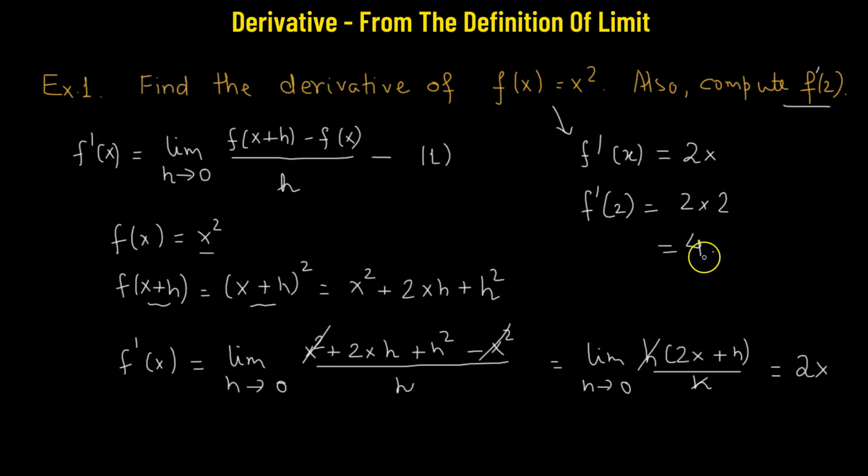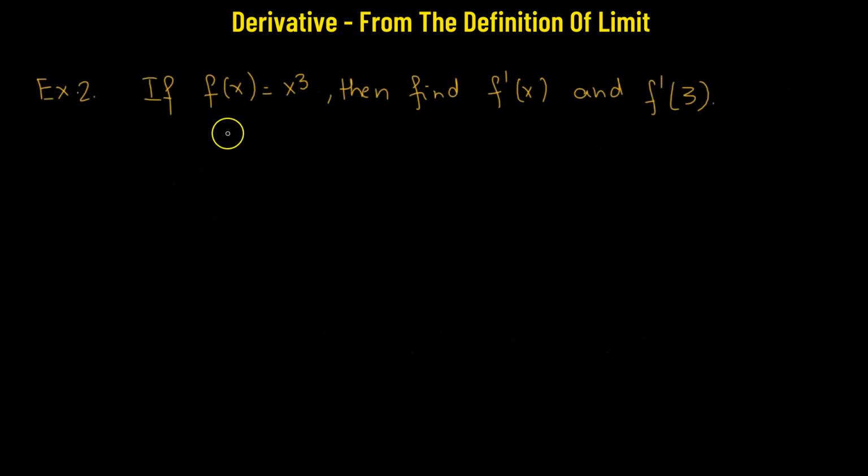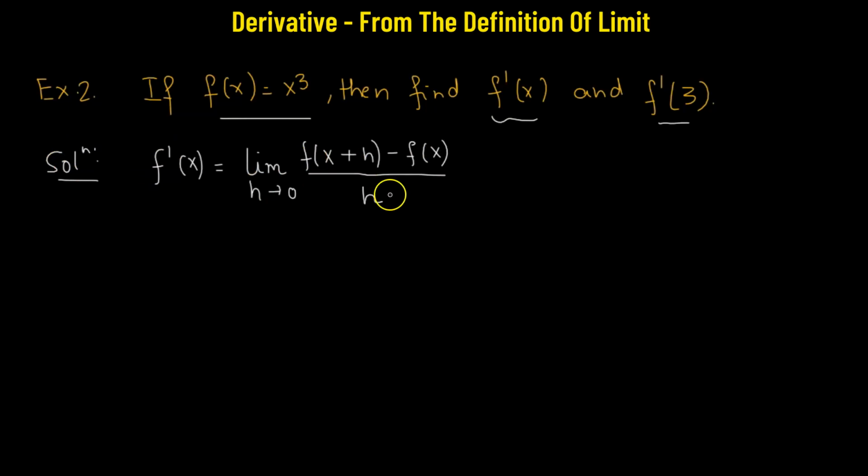Let's try out another problem. So in problem number 2, we have the function x cubed. This is a cubic function. We need to determine the derivative of this function as well as determine the derivative at x equals 3. So let us begin. Using the given value of the function, which is f of x equals x cubed, we can find out f of x plus h.